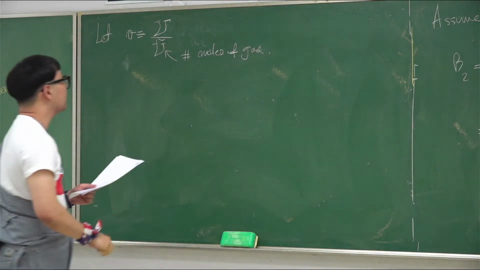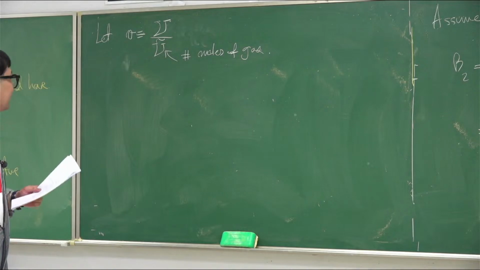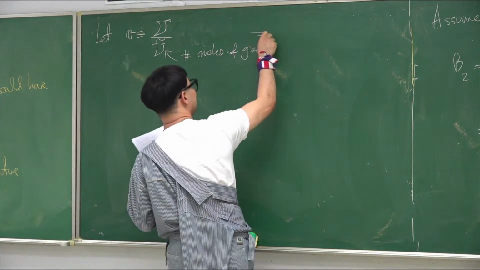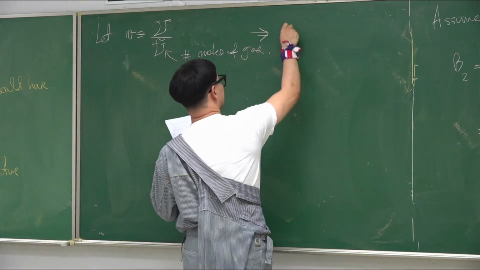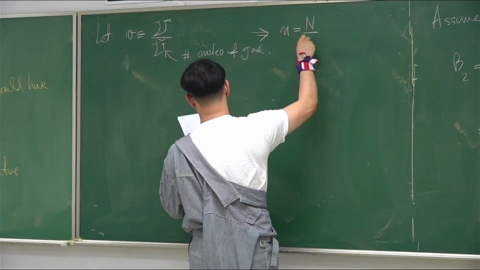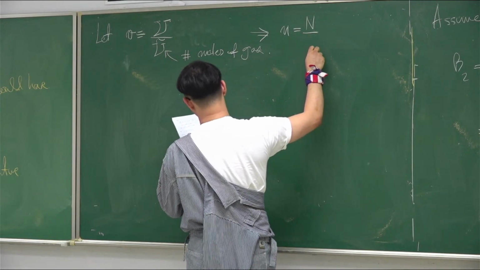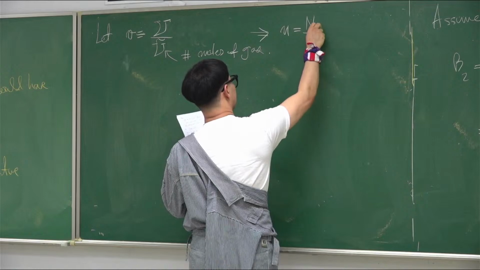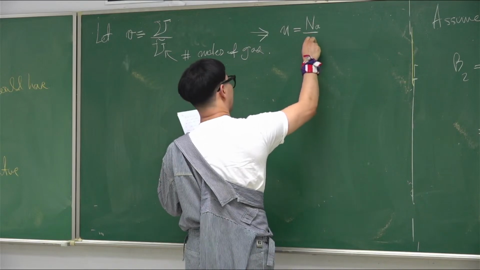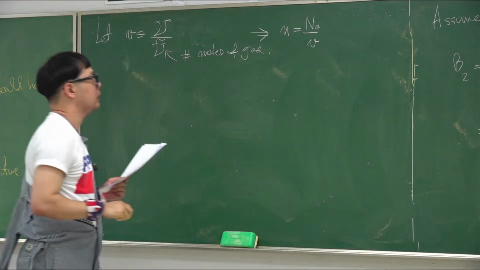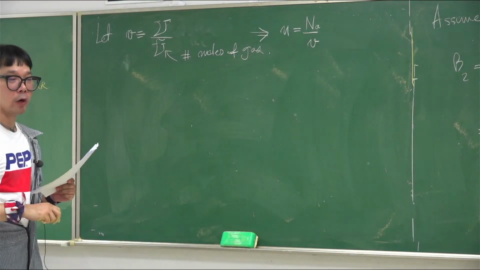If we introduce this kind of new symbol, then this small n could be expressed in terms of Na and small v, right? Na is nothing but the Avogadro number.